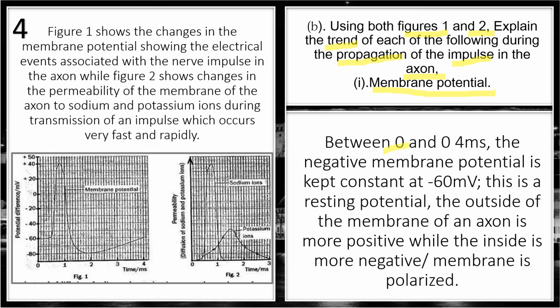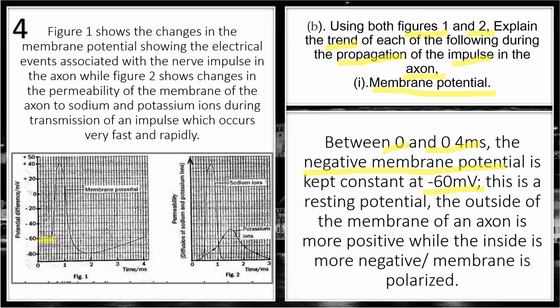Between 0 and 0.4 milliseconds, the negative membrane potential is kept constant at negative 60 millivolts. So when you look from 0 to 0.4, the membrane potential is maintained at negative 60 millivolts.